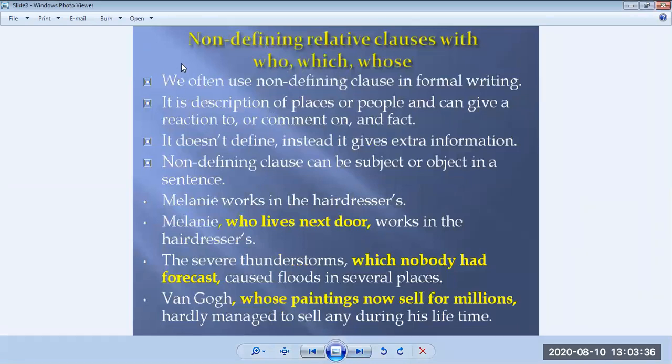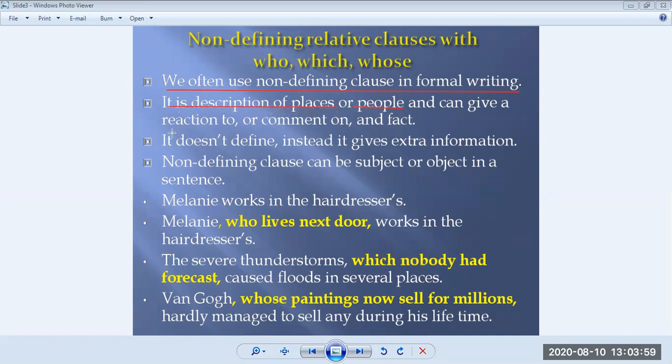For example, where do we use them? We often use non-defining clauses in formal writing. Just think of the ideas, and I will explain it later. It is also used in description of place or people.